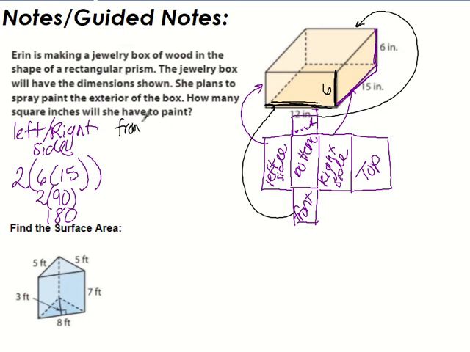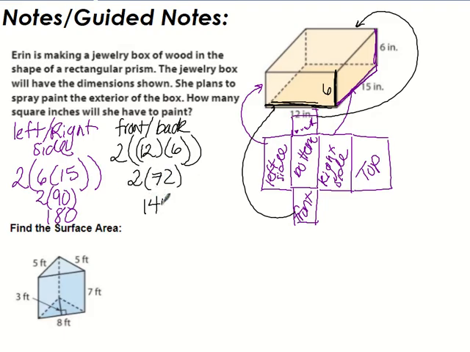So for the front/back, we're going to do 12 times 6, but we're going to times it by 2 because there's 2 of them. So 12 times 6 is 72, and then we're going to times it by 2, so 144.